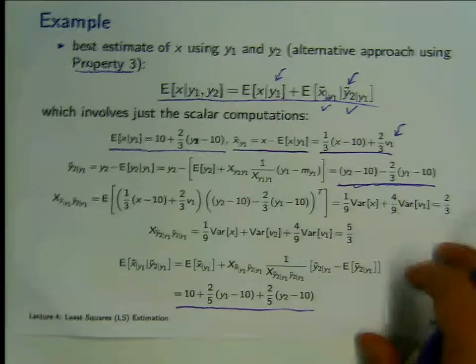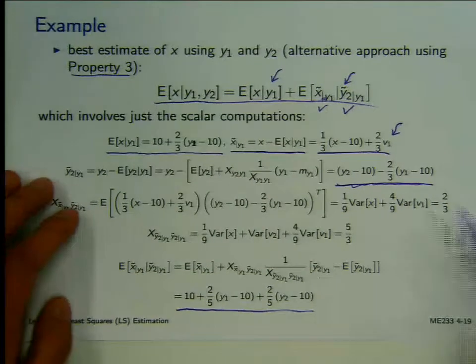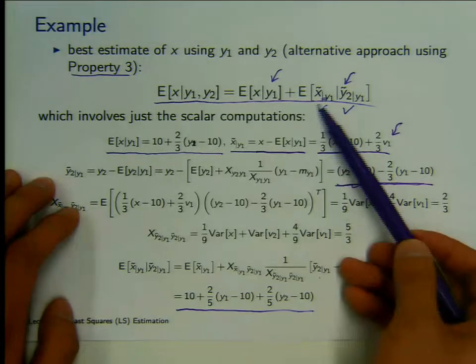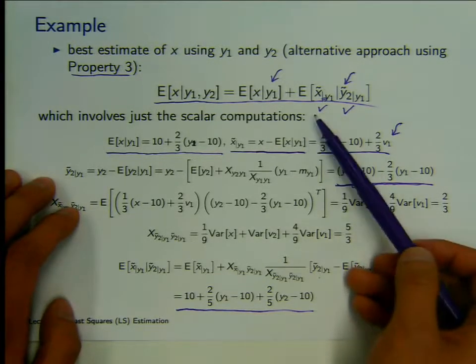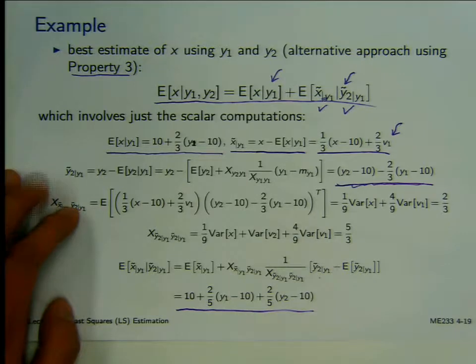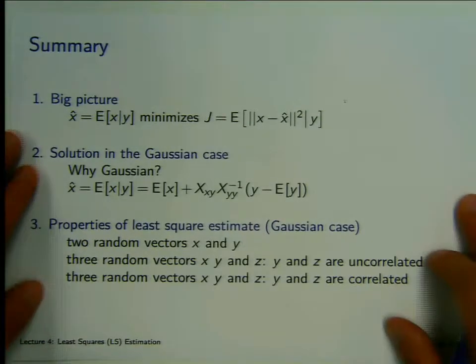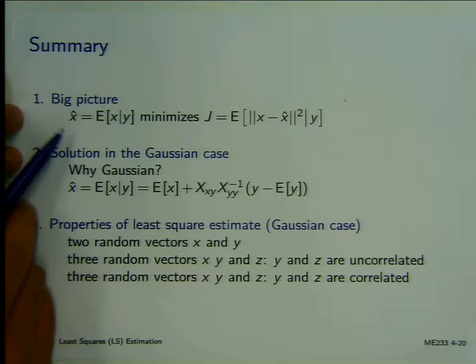Okay, so again, the reason why we're doing this example is that in practice, this will usually be the preferred way. We can improve our estimation step by step. Okay, so as a review, what we have done is, first of all, we started with this big picture.